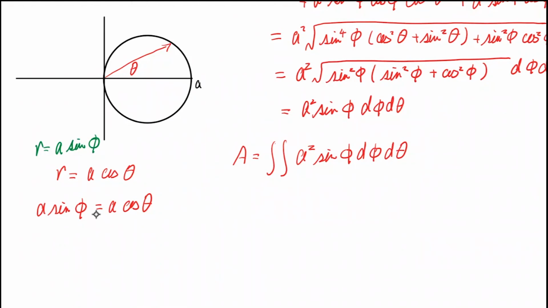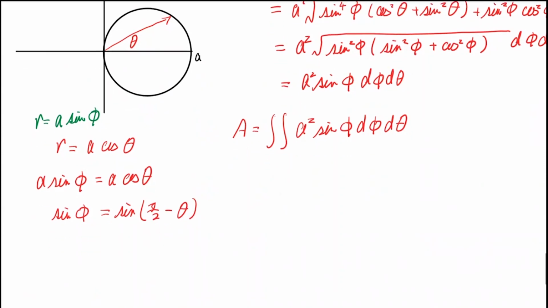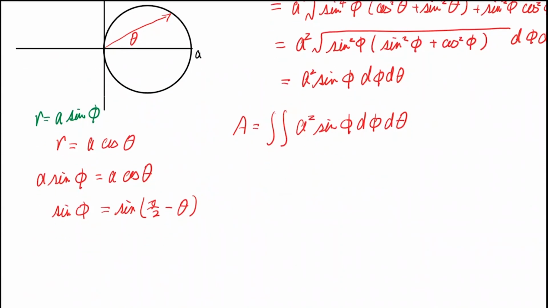I have to find the relationship between phi and theta. Yikes. So we can say sine phi, and then I want this to be in terms of cosine. You guys remember the cofunction identity? That's been a while. How many years has it been since you did trig identities?